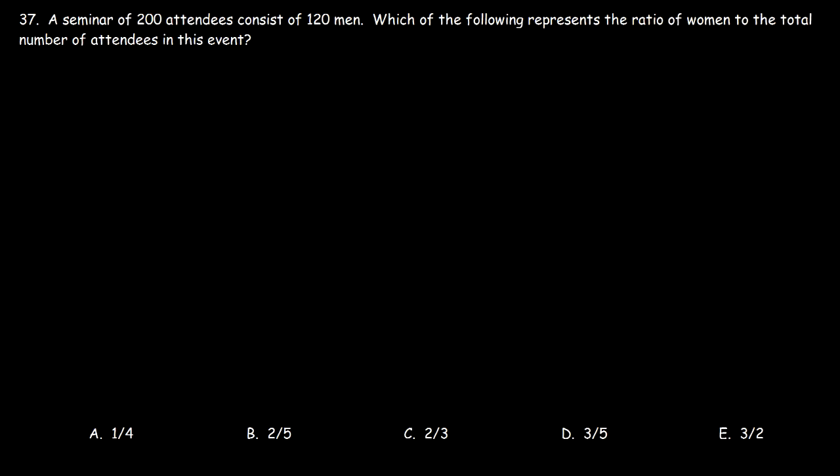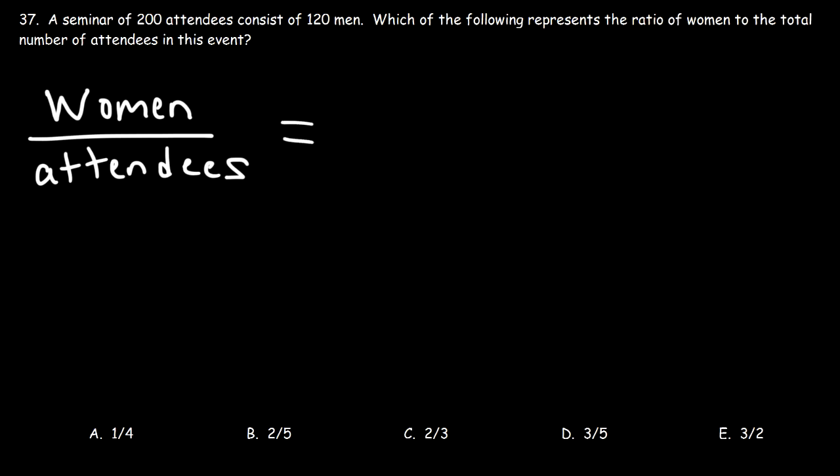37. A seminar of 200 attendees consists of 120 men. Which of the following represents the ratio of women to the total number of attendees in this event? So let's write down the ratio that we need to find. So we want to find the ratio of women to the number of attendees.